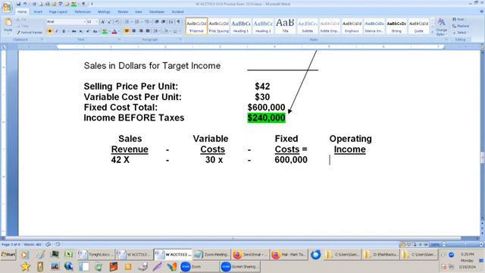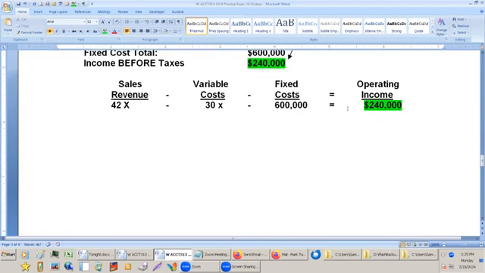Our desired income is the 240,000. And now we're just going to solve it for x.